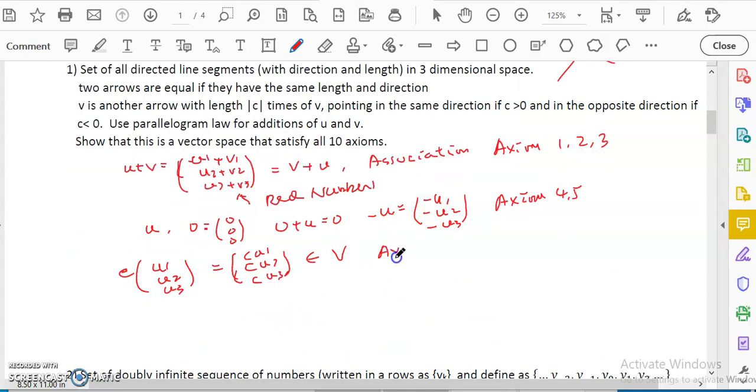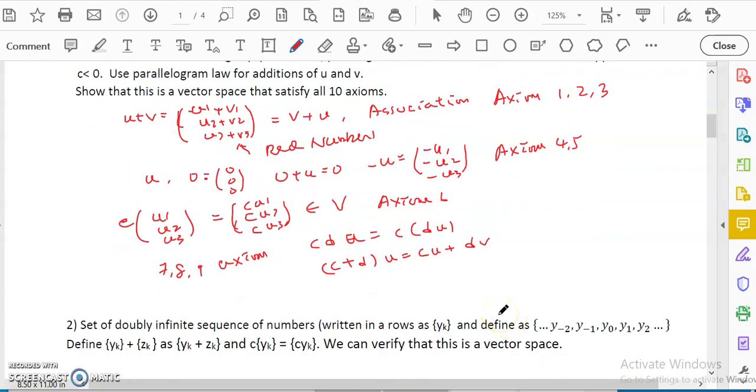So this is axiom 6. Axioms 7, 8, 9 work because if C, D are two different scalars, then (C plus D) times u is equal to Cu plus Du, as a result of the way we define scalar multiplication.